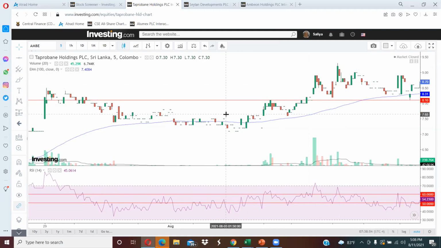You have to have your own system and come up with your target price. Let's say it's a 10% target price. That has to be 10% plus two-way brokerage of 2.3%, that is 12.3%. So 12.3% of 10 rupees will be 1 rupee and 23 cents, so our target is 9 rupees and 10 cents.